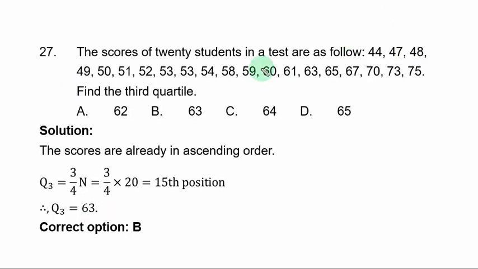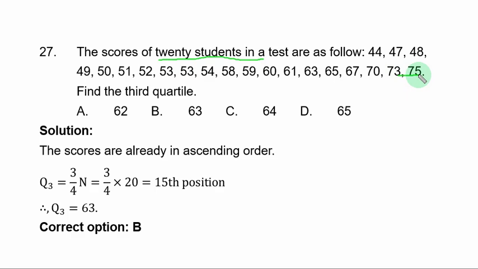Question 27. The scores of 20 students in a test are as follows: 44, 47, 48, down to 77. Find the third quartile.